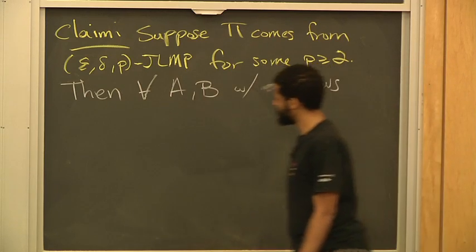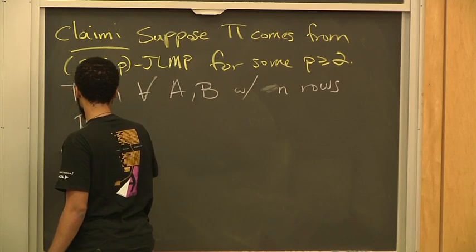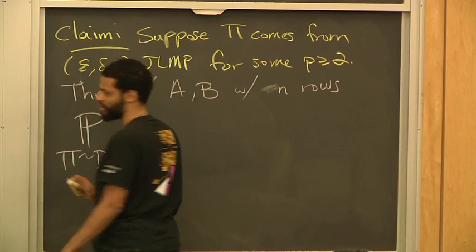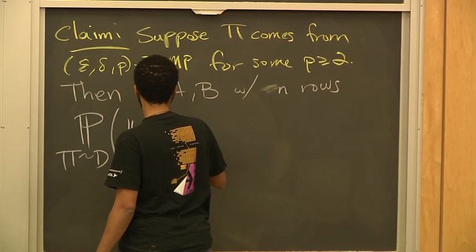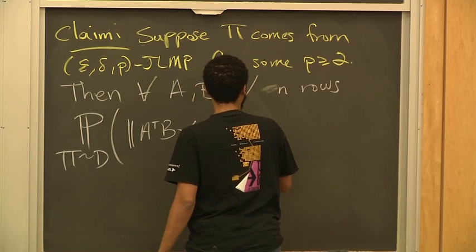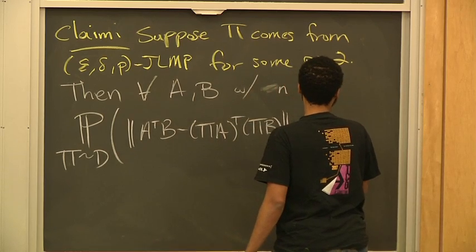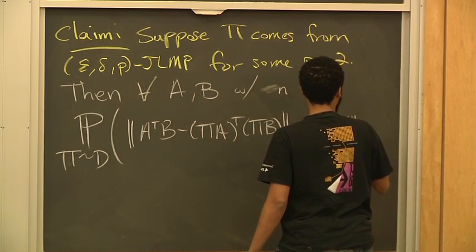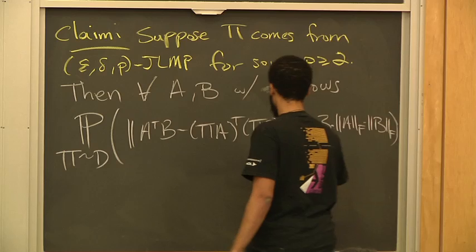We have that the probability over pi coming from this distribution that has this property, that A transpose B minus pi A transpose pi B is greater than 3 epsilon times Frobenius A Frobenius B is at most delta.